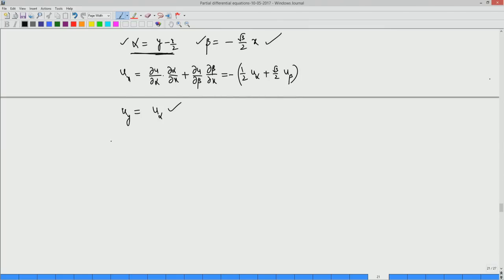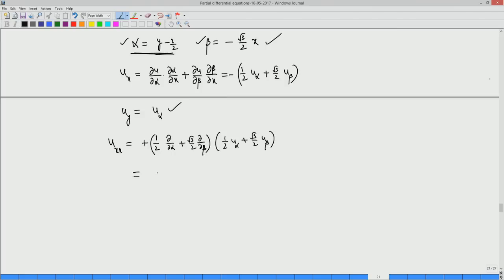So you have uxx is minus half dou alpha plus root 3 by 2 dou beta into minus half u alpha plus root 3 by 2 u beta.